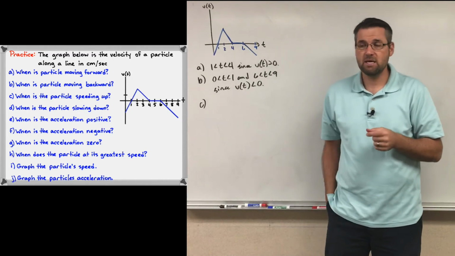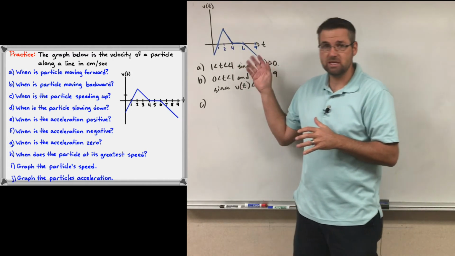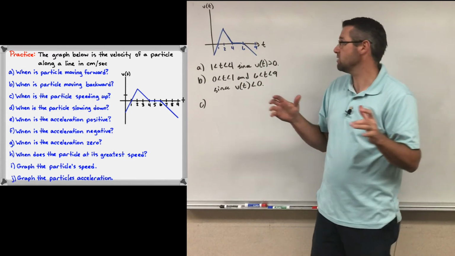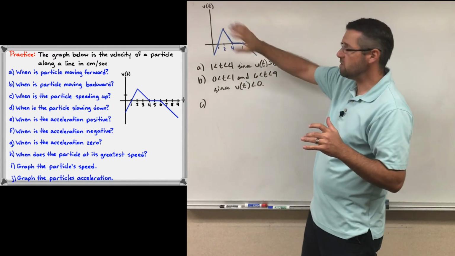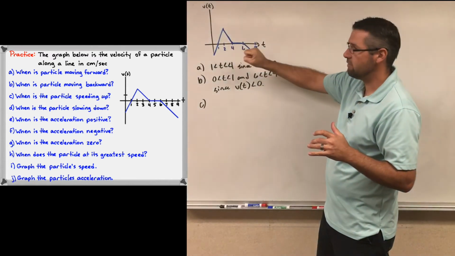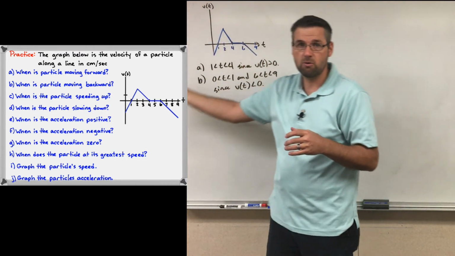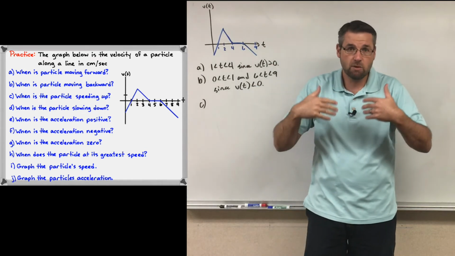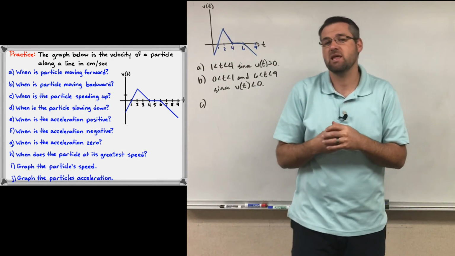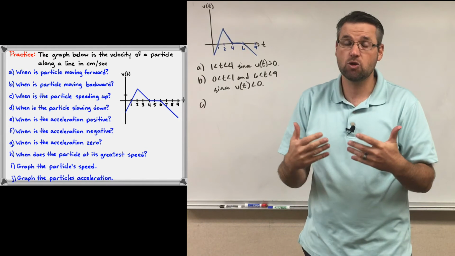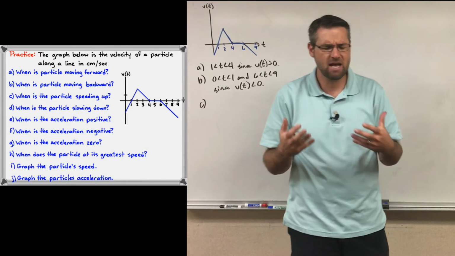Okay? So that means whatever velocity is, speed is going to be the positive version of that. So if velocity is positive, speed will be positive. If velocity is negative, speed will be positive. It'll just be the same numeric value with a positive sign. But how do I know I'm speeding up? Or in other words, another way of saying that is, when is my speed increasing? Okay, when am I getting faster?